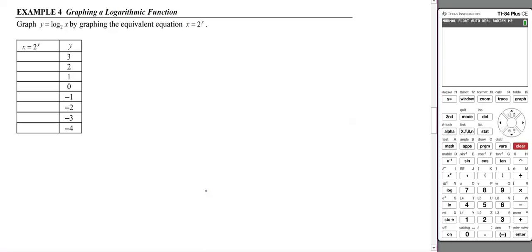Example 4, graphing a logarithmic function. We're going to graph y equals log base 2 of x by graphing the equivalent equation in exponential form, x equals 2 to the y. So what we'll do is pick values for y, and then out will come our x.